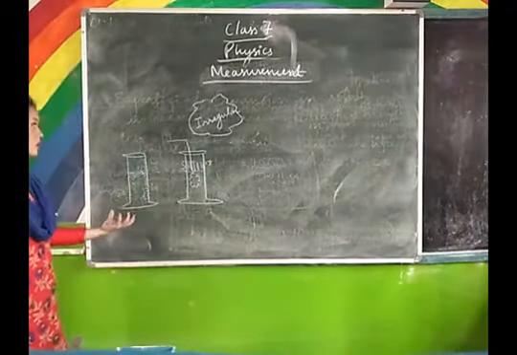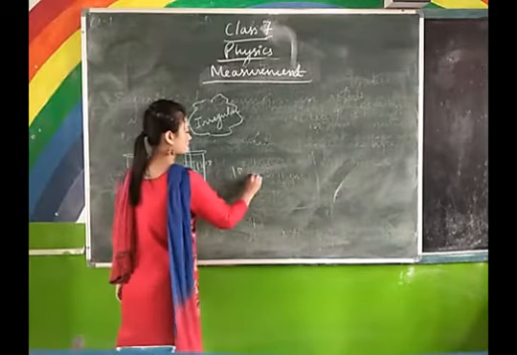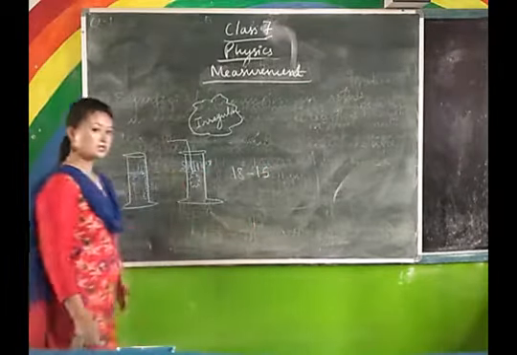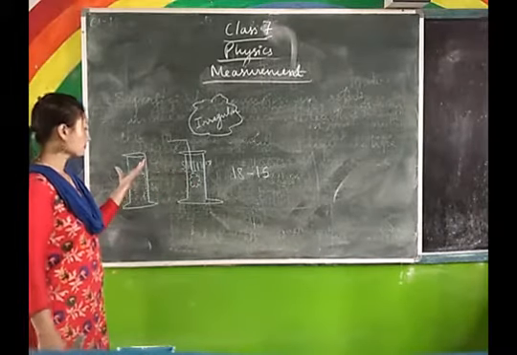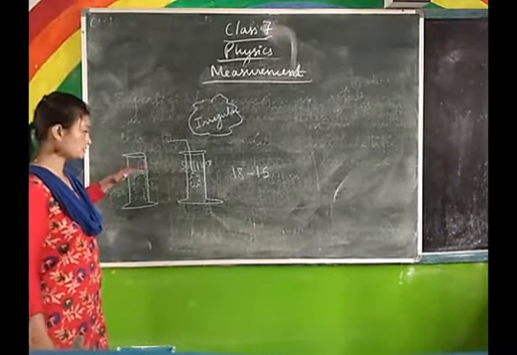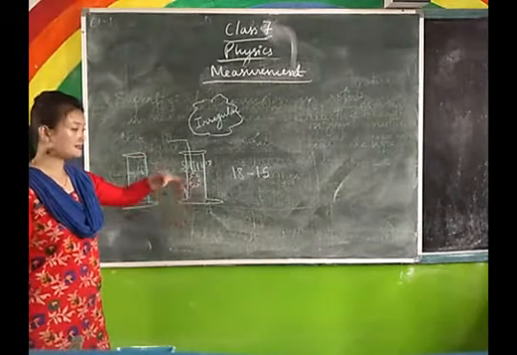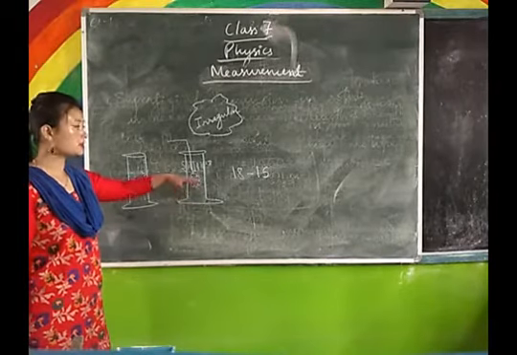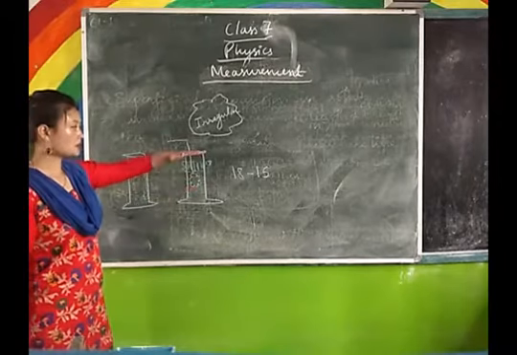Okay, so what is the volume of the irregular rock or the irregular solid? You just have to subtract 18 minus 15. That means the two different volumes of liquid. Initially it was 15 units. Later when you dipped the rock inside the water, the level of the water increased.